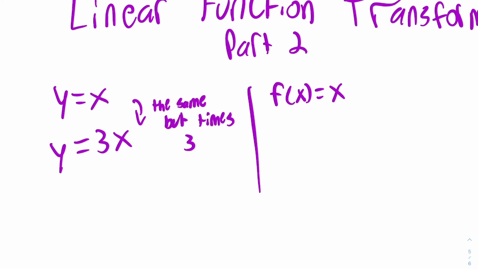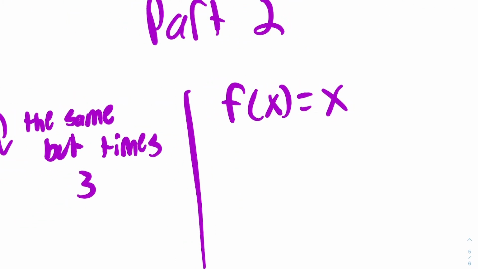If we already used f of x, we can't use the same function twice. That was something that we kind of left out in the last video. We didn't say it, but I was thinking it the whole time, that if f of x is equal to x, then whenever we change f of x, we need to call it something different. So g is the next letter after f, so this next function is going to be called g of x.